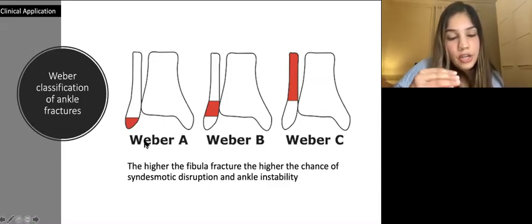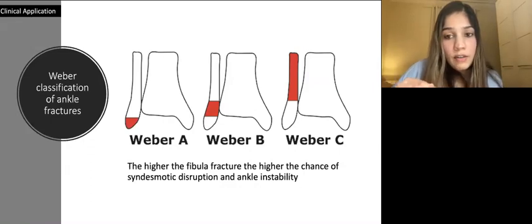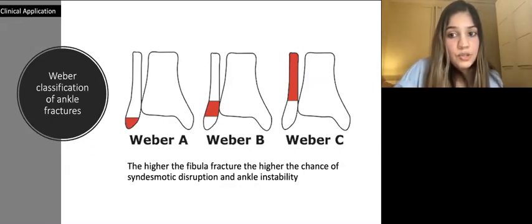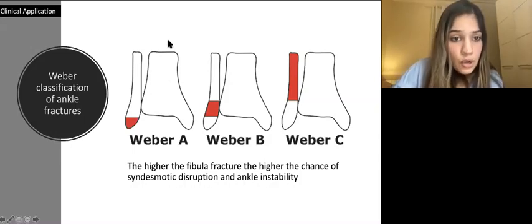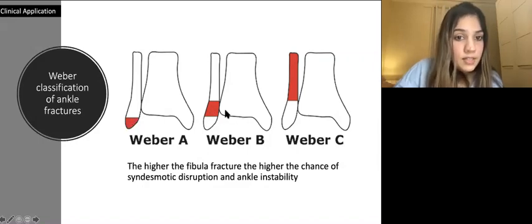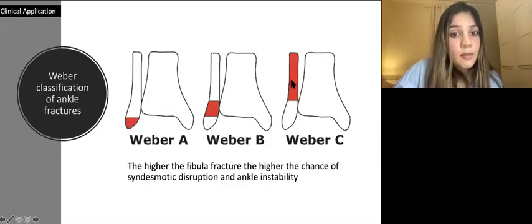The location of the fracture in this classification is related to the level of the syndesmosis, which is basically the fibrous joint held together by the ligaments. So Weber A is below the level of the syndesmosis, Weber B is at the level of the syndesmosis, and Weber C is above the level of the syndesmosis.